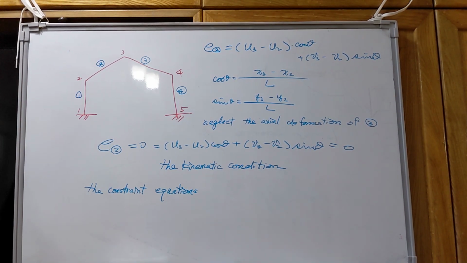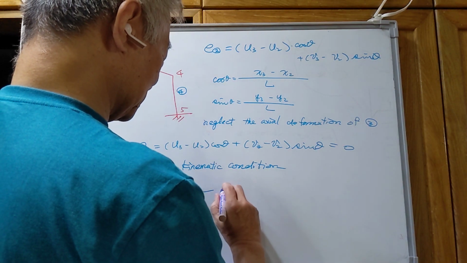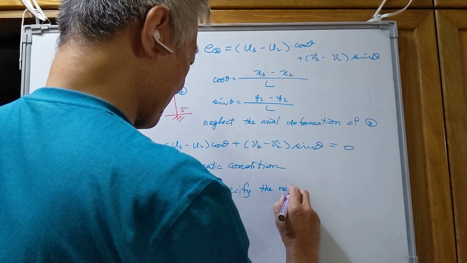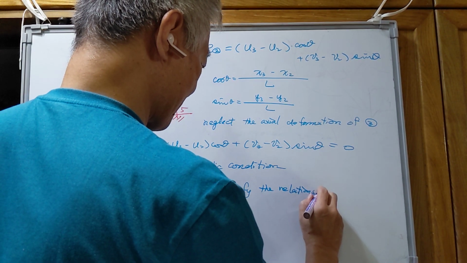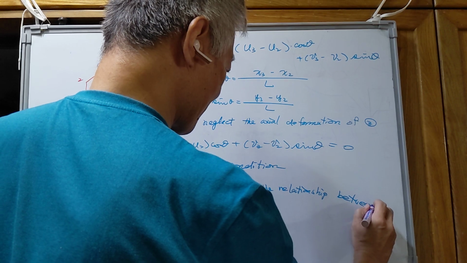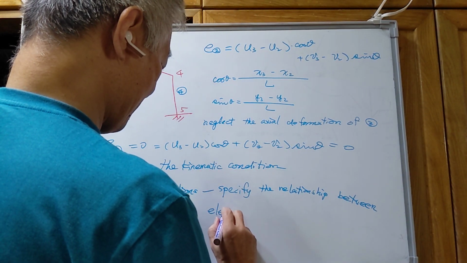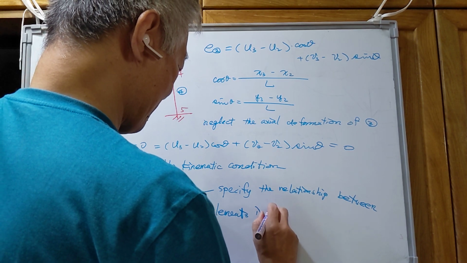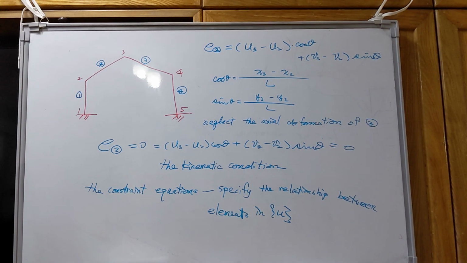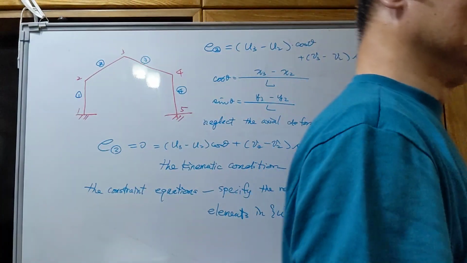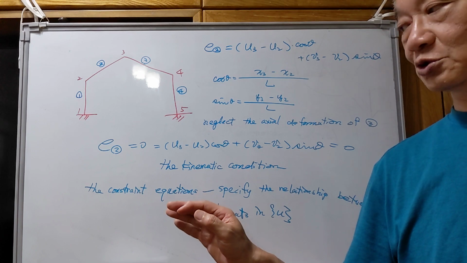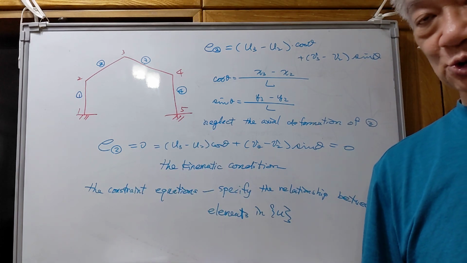Usually if we specify a certain relationship for the elements in the displacement vectors, this type of kinematic condition is called a constraint equation.